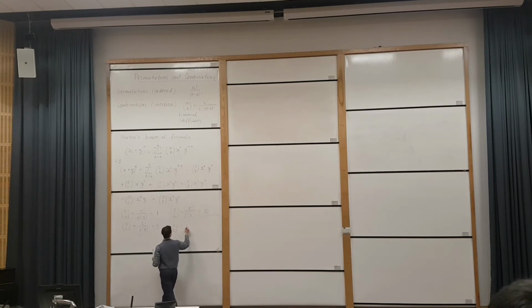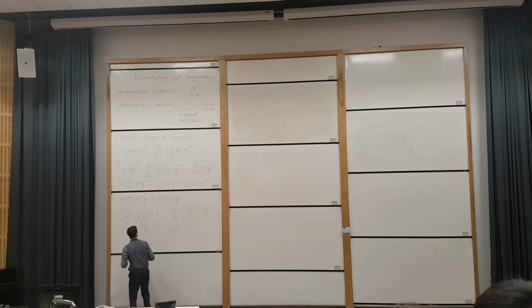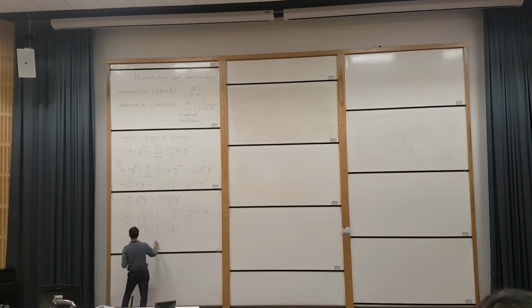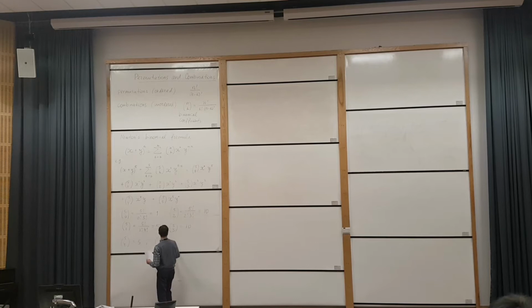3 out of 5 is the same as 2 out of 5, that's 10. 4 out of 5 is the same as 1 out of 5, that's 5. And 5 out of 5 is the same as 0 out of 5, that's 1.